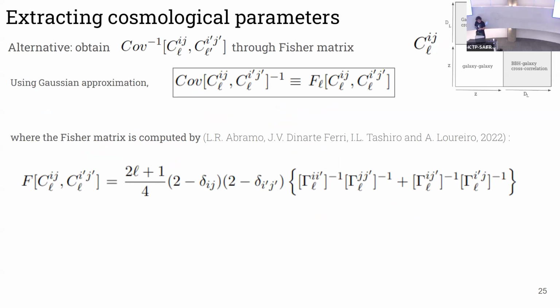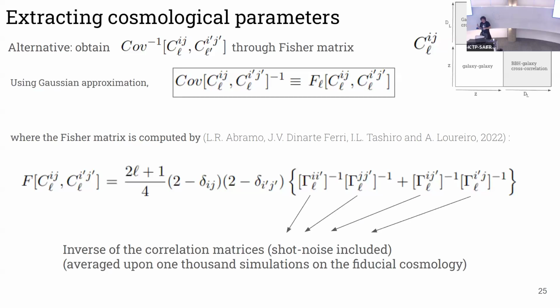Assuming a Gaussian approximation, the only thing we have to do to obtain a fairly good covariance matrix is to compute, in a fiducial cosmology, thousands of simulations, and compute the average.